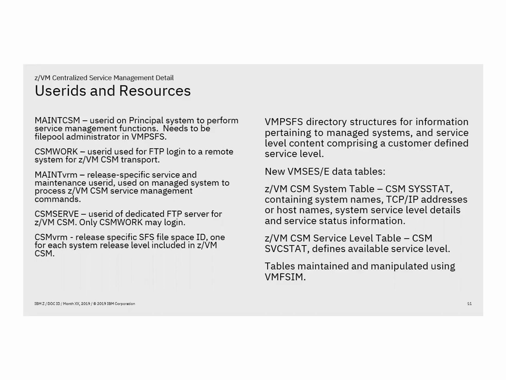That's the file pool CSM is going to use. Because it's going to be creating new file spaces, it's going to be constantly creating new directories within that file pool.